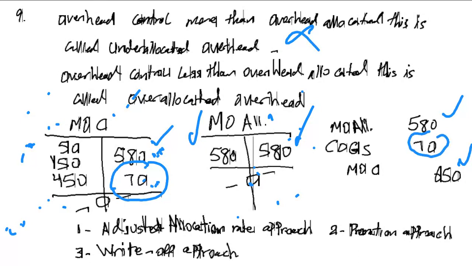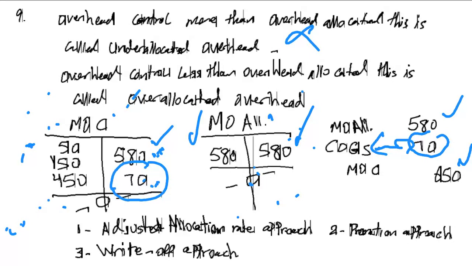So the best account to be debited here is cost of goods sold. And your textbook has three different methods for this one. One is adjusted allocation rate approach. Number two is proration approach. And number three is write-off approach.